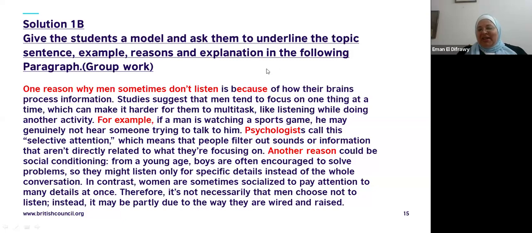I'm sure we have more than one reason when it comes to men listening. Yeah. So all women would be very happy about that now. Sorry, men. Sorry. So where is the example, the reasons, and the explanation?